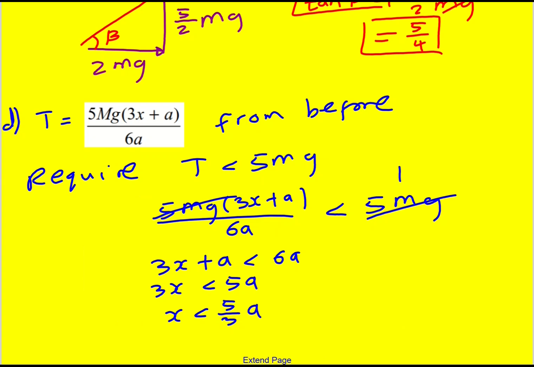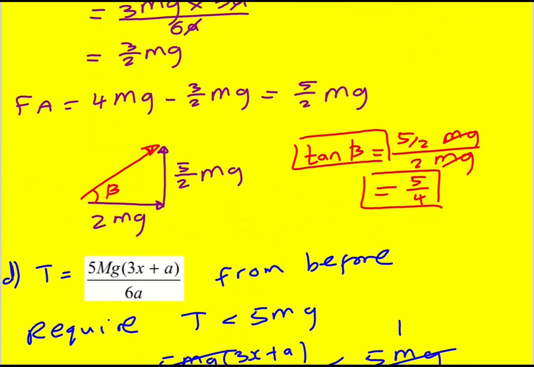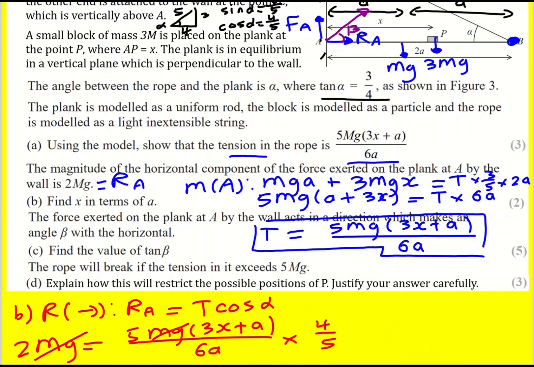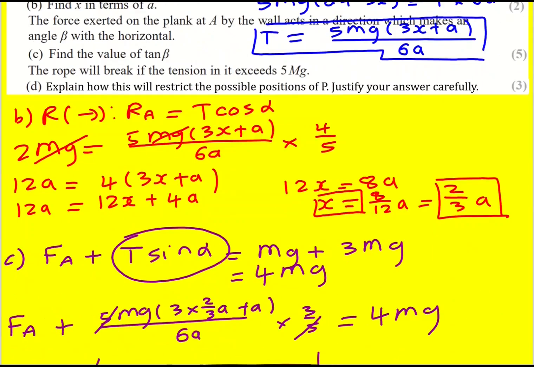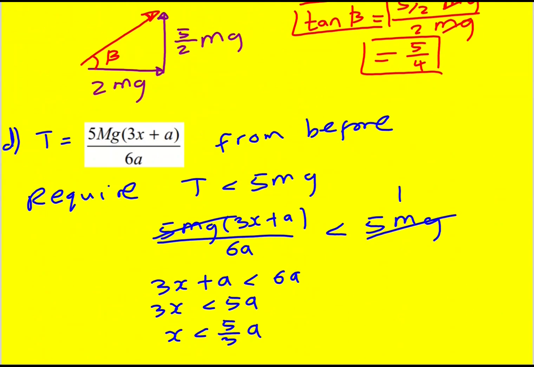Let me just check. Did it say the tension could equal 5? I might have made a small mistake. So it can't exceed. Okay, I need to slightly modify this. We require that it's less than or equal to in all these cases.